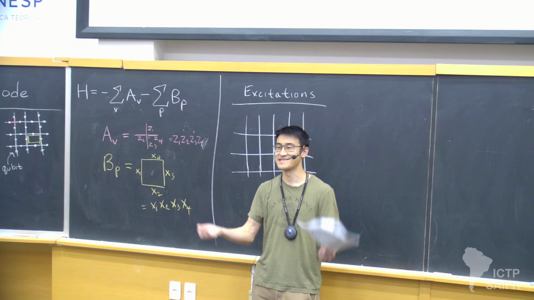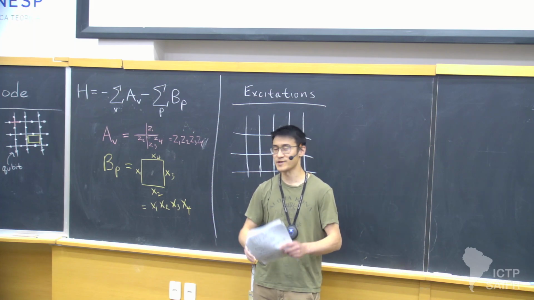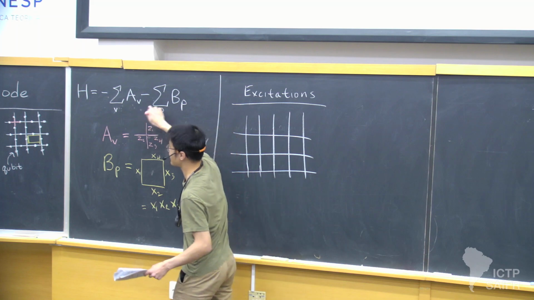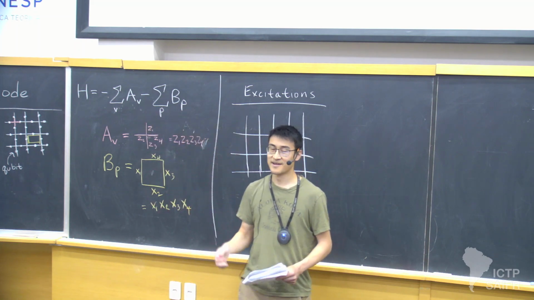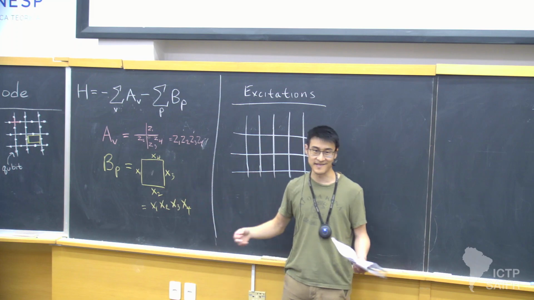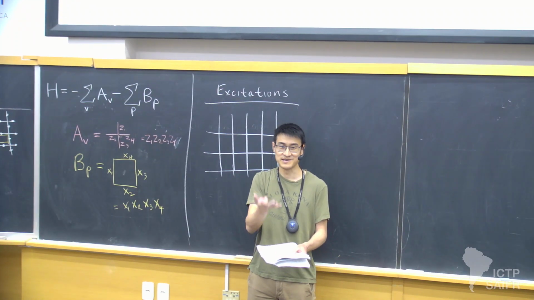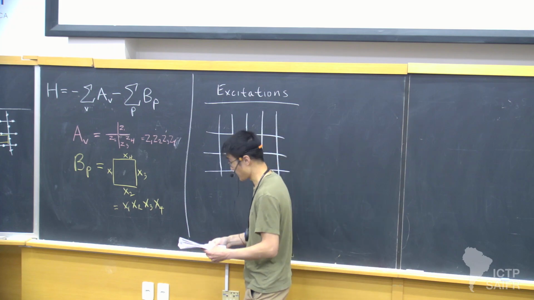We look at the ground state where all these terms take value 1. Okay, so now I want some of these A's and B's to take the opposite value, right? Then there'll be higher energy, right? Okay, very good.